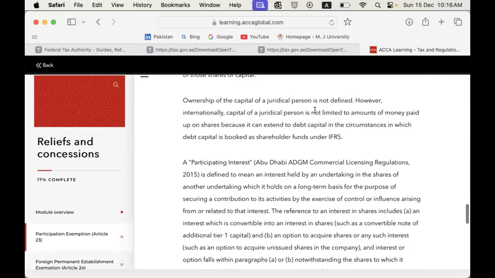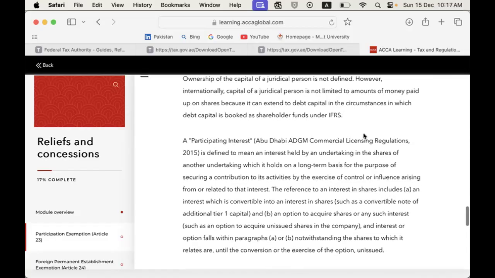Ownership of the capital of a juridical person is not defined. However, internationally, capital of a juridical person is not limited to amounts of money paid upon shares, because it can extend to debt capital in circumstances in which debt capital is booked as shareholder funds under IFRS.